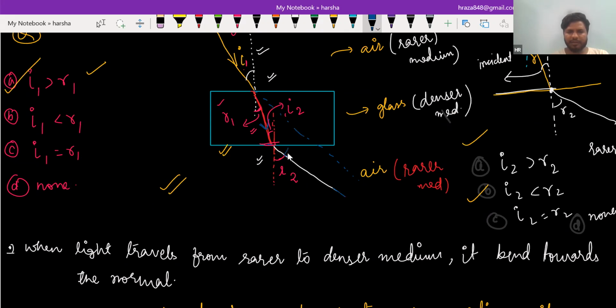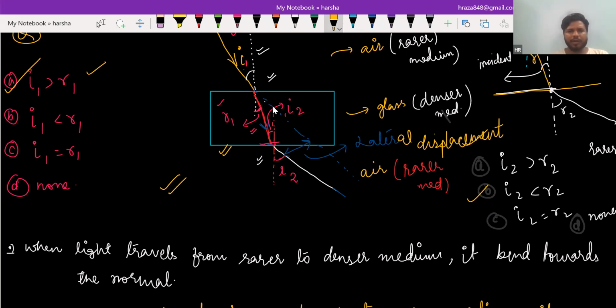So basically, this distance is called lateral displacement.